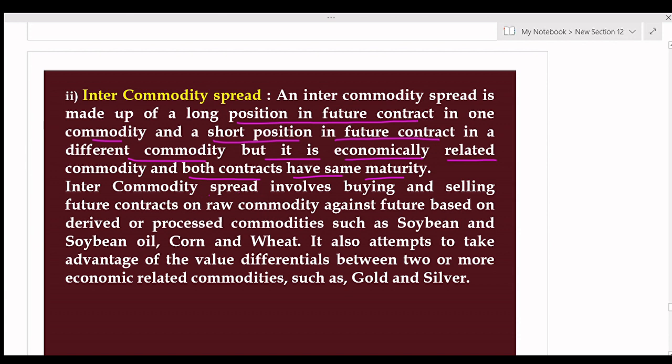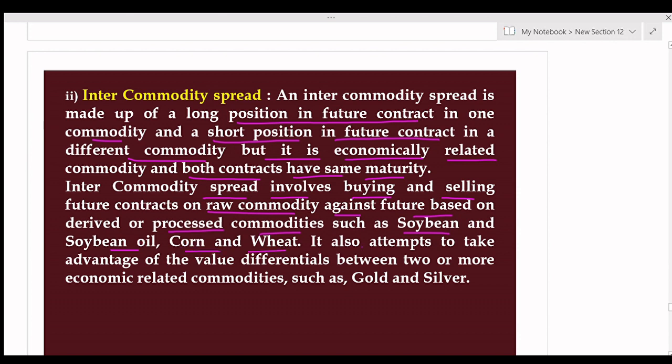Intercommodity spread involves buying and selling future contracts on a raw commodity against futures based on derived or processed commodities such as soybean and soybean oil. Soybean oil is crushed from the soybean, corn and wheat.